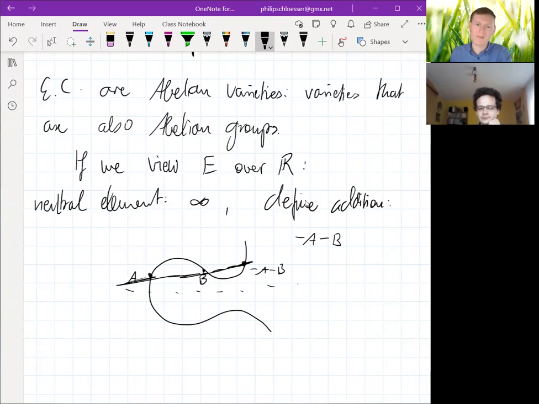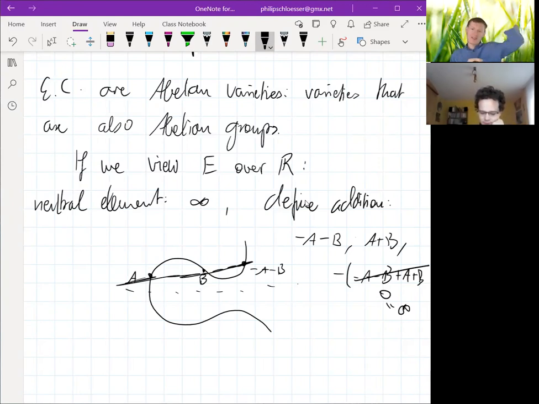So minus A minus B and A plus B, and minus A minus B plus A plus B is 0, which is the point at infinity. They should lie on the same line. Now, where is the point at infinity actually? We can view it as lying infinitely in that direction, meaning that any line that passes through the point at infinity is just a vertical line.